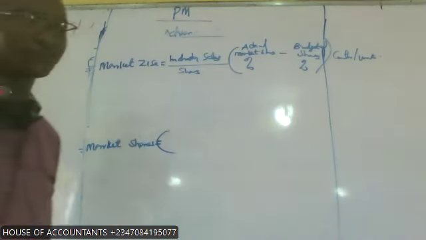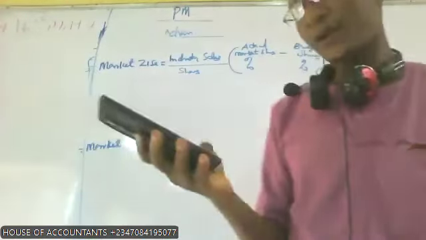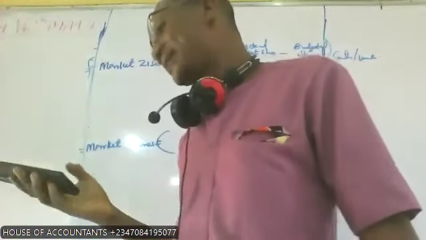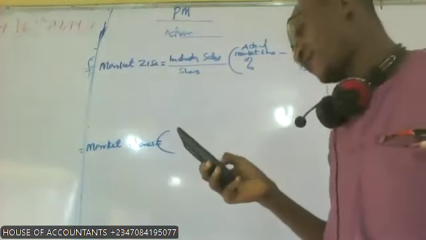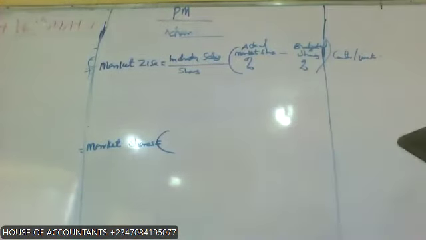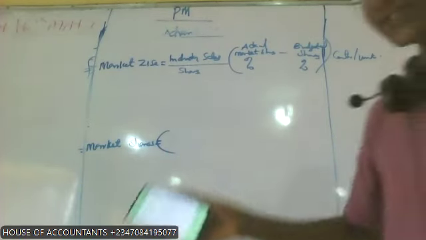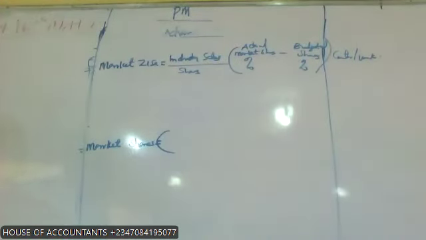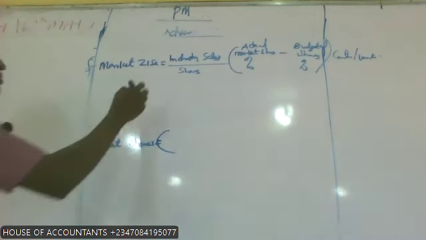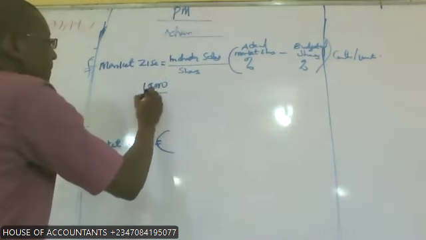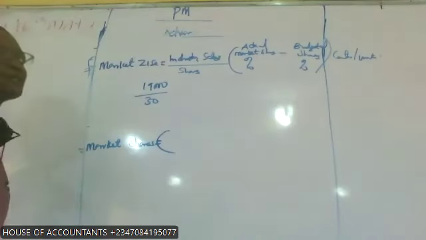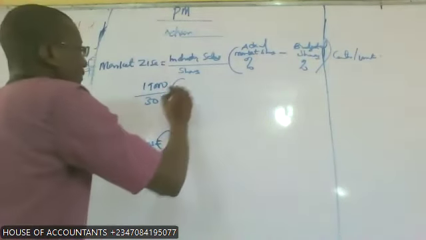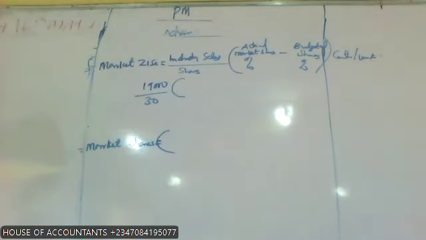Can we find it in the question? So let's interpret this now. The industry sales is 19,000. Then the share we are talking about here is 30%. So it's going to be 19,000 divided by 30%. Then open brackets. What is the actual market share here?